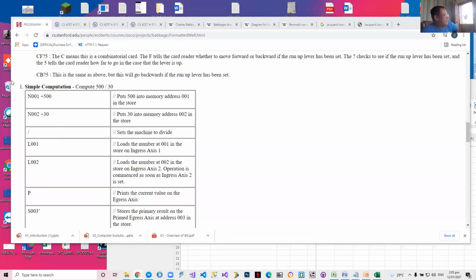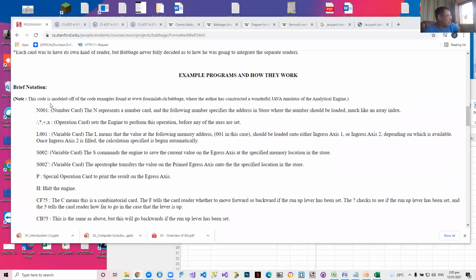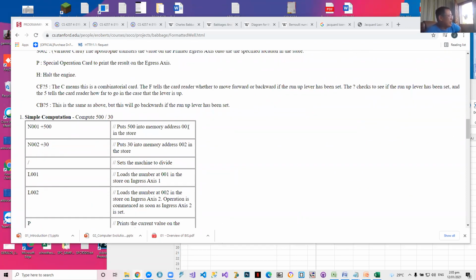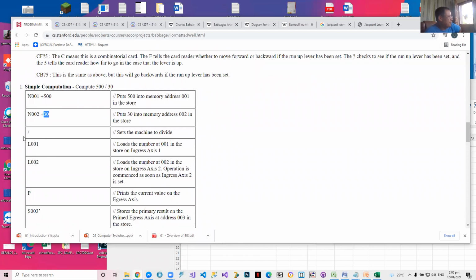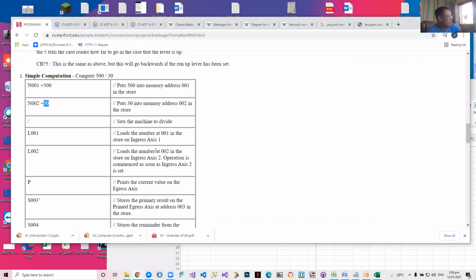Here's an example. N001: N is a number card. 500 puts 500 in the store at address 001. N002 30 puts the decimal value of 30 at address 002 in the store. Divide is an operation card, which means it's going to divide. L is a variable card, which means load.